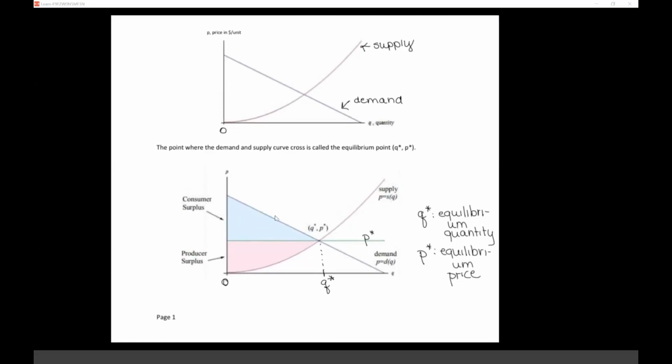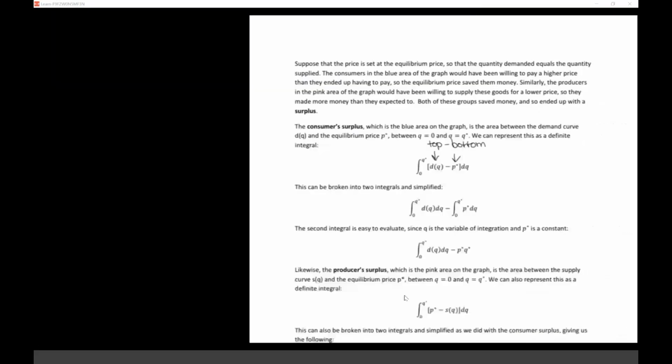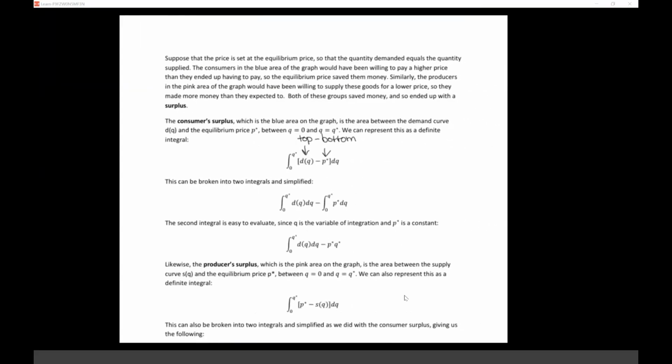And then it's top curve, which is D of Q, minus bottom curve, which is P star. And that's how I got this integral right here. We're always going to be integrating with respect to Q, so make sure you put a dQ.